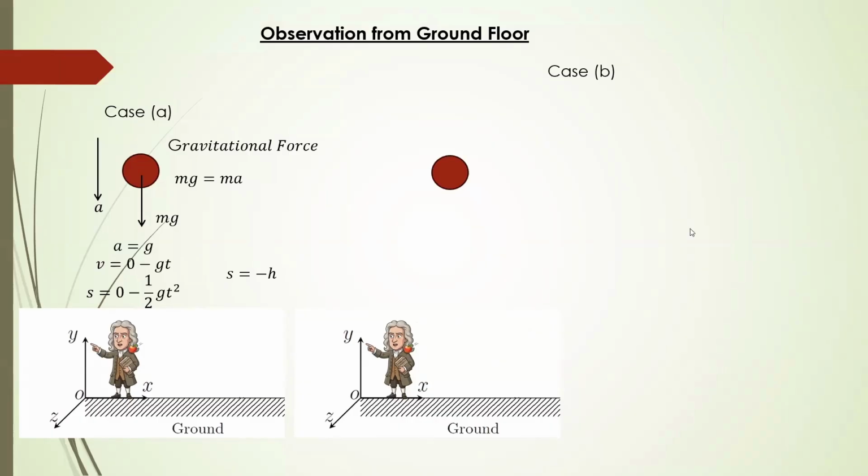Sir, ma downward. What is that? Ma, you want to consider ma as a force? Yes, sir. Ma is the force. What do you mean by ma? Ma is the pseudo force. Yes, sir, pseudo force. But I am taking the ground frame.